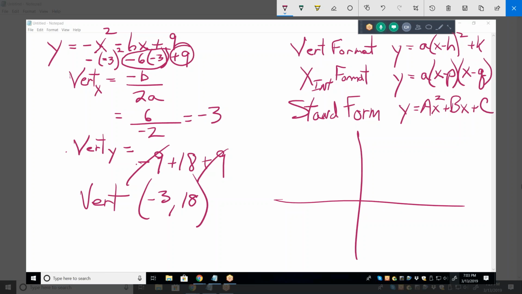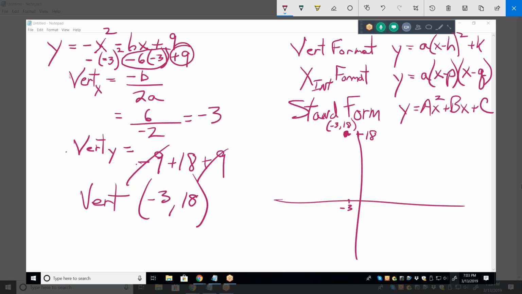So let's find our vertex, and I'm going to make the scale of this thing anything I want, so I can call that 3, negative 3, and I'm going to call this 18. So here's my vertex. I'm just going to label it negative 3, 18.